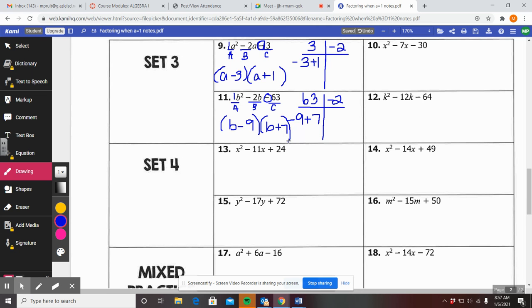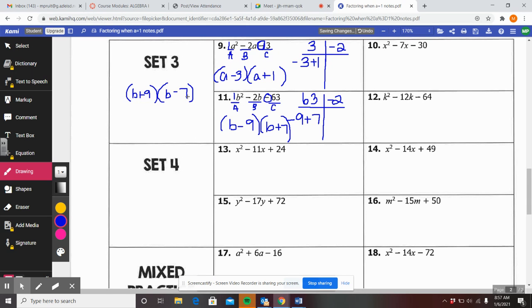So back in the day, we didn't have like a method. It was called FOIL, and you just guessed and checked. So you just had to know your multiples and figure out your signs. So what we would do is we would just draw 2 parentheses, and then we would put, say we flipped it, b plus 9, b plus 7, because I know I need opposite signs.